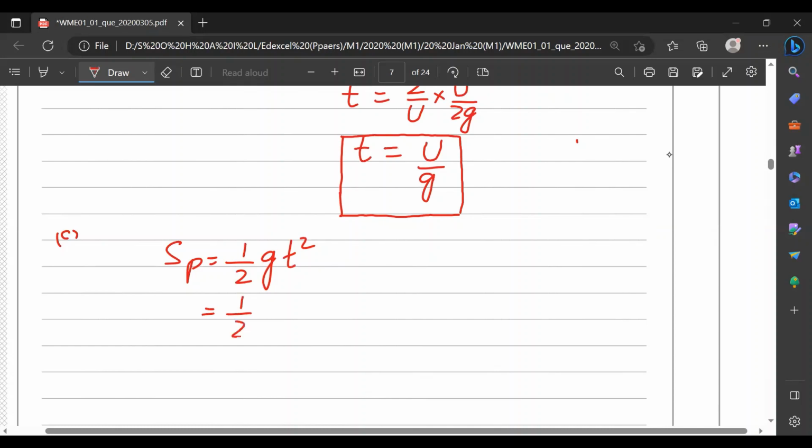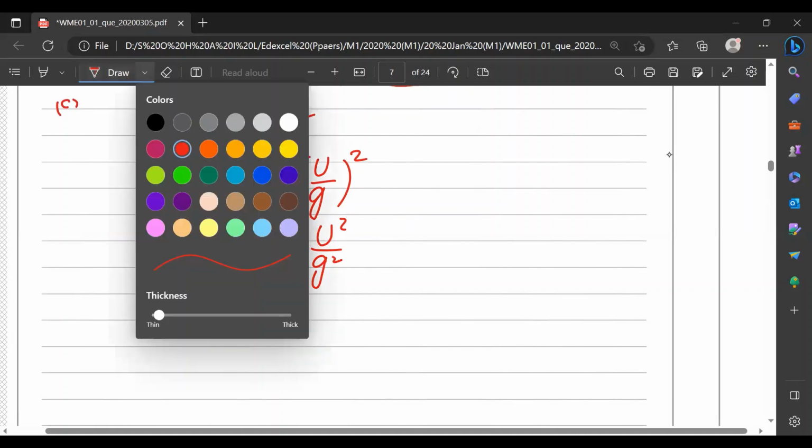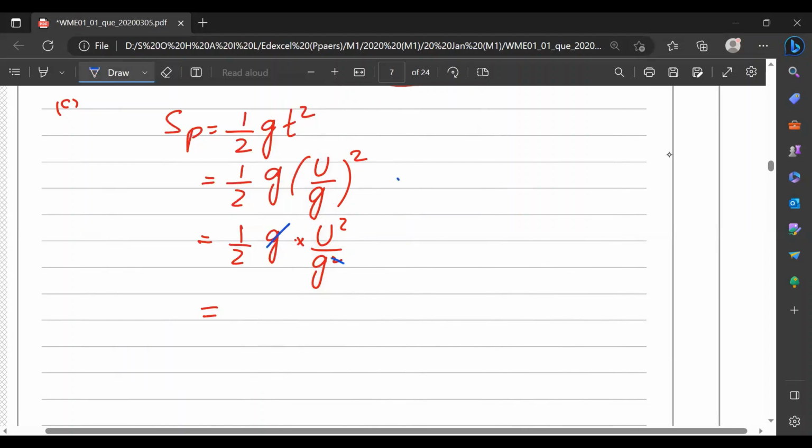So 1 over 2, g is g and t is u over g whole square, which is 1 over 2 g u square over g square, and which simplifies to u square over 2g.